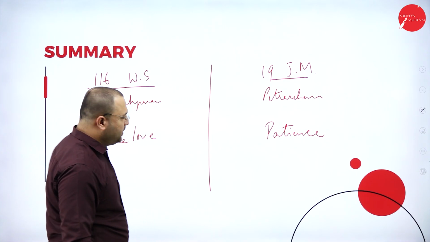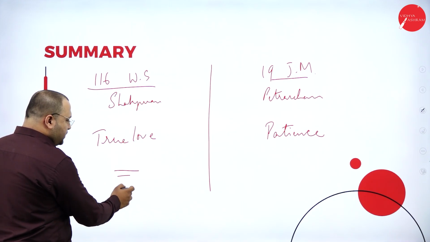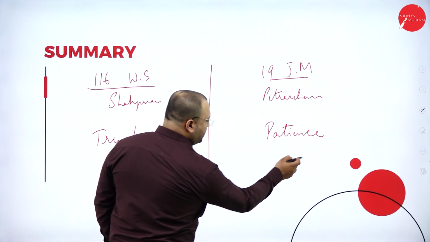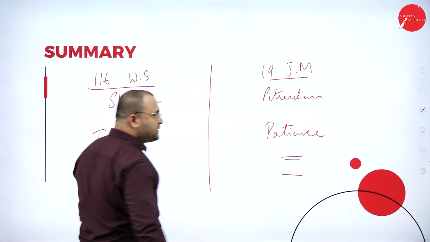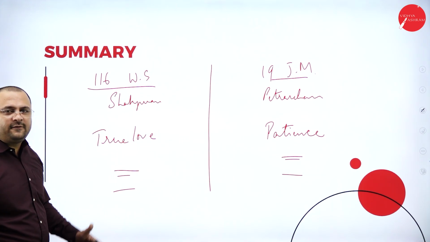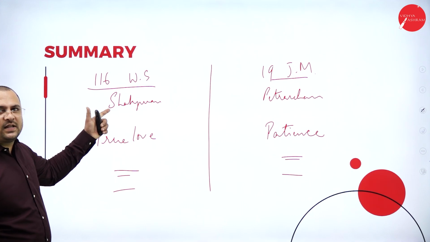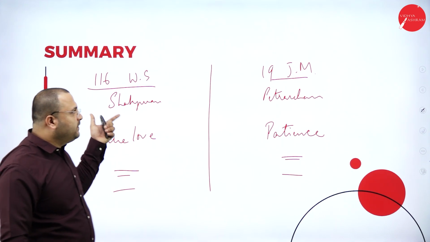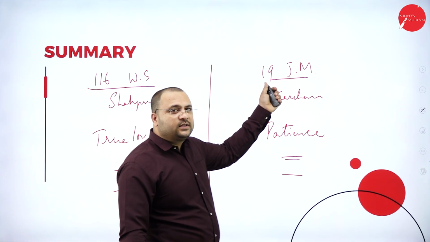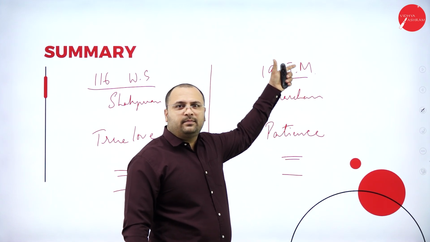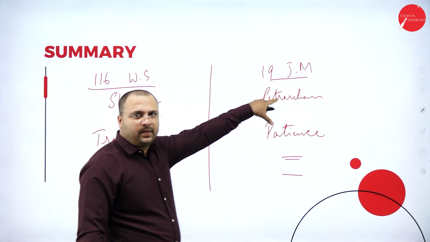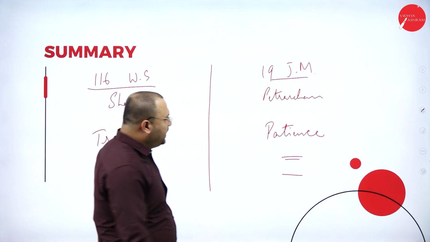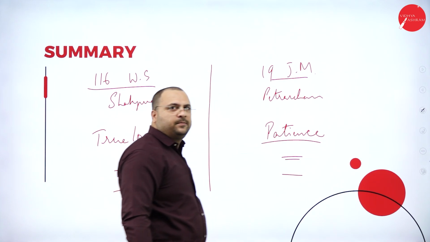We have seen the line arrangements here and also the rhyming scheme, and similarly here. This is the summary of sonnet 116, Let Me Not to the Marriage of True Minds by William Shakespeare, and the 19th sonnet on his blindness where Milton talks about his own blindness. And finally, he highlights the importance of patience.